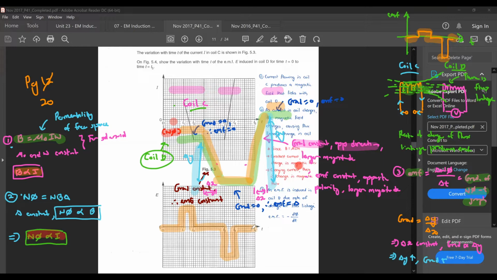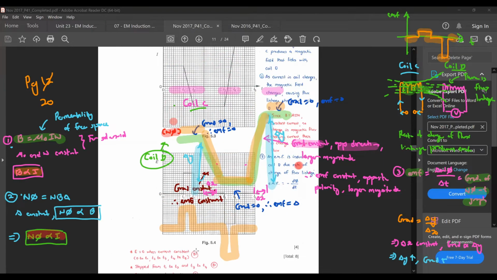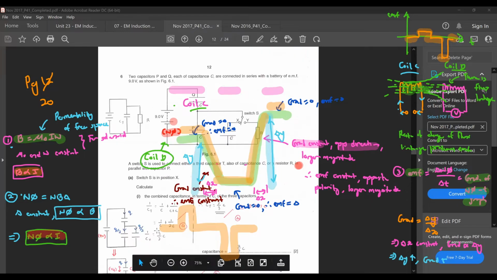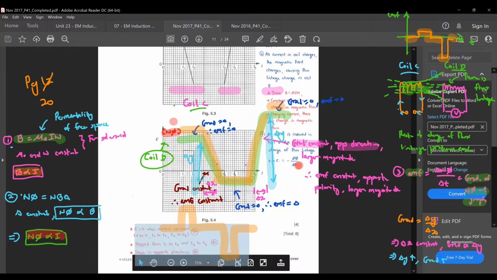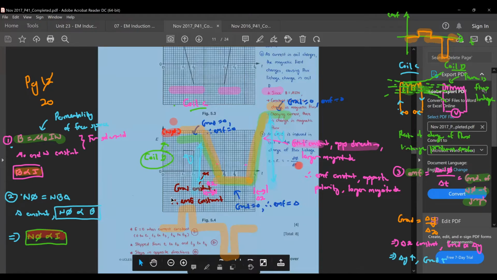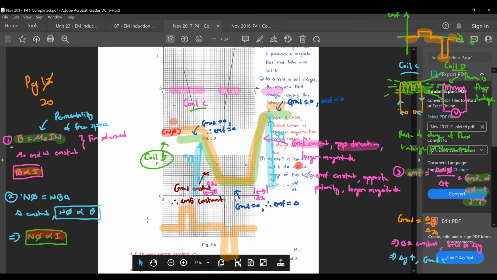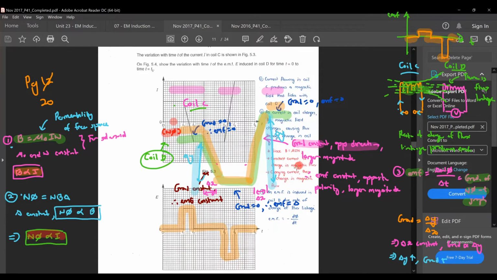That's all they want to see. If you have drawn this correctly, that's where you get all your marks. When they give the marks, it is based on how you drew your graph, not based on your explanation. So just draw it out.